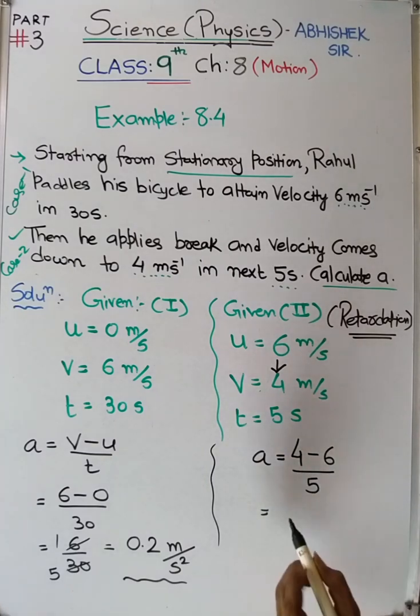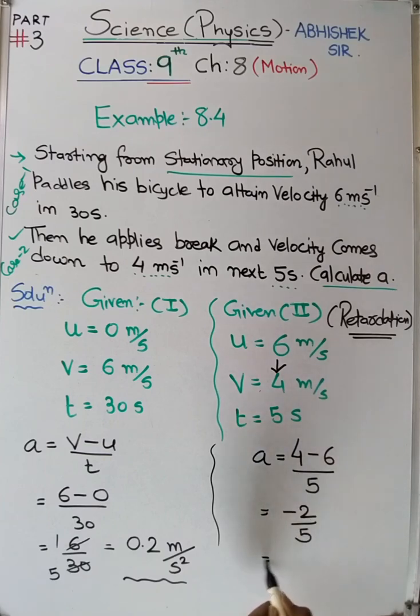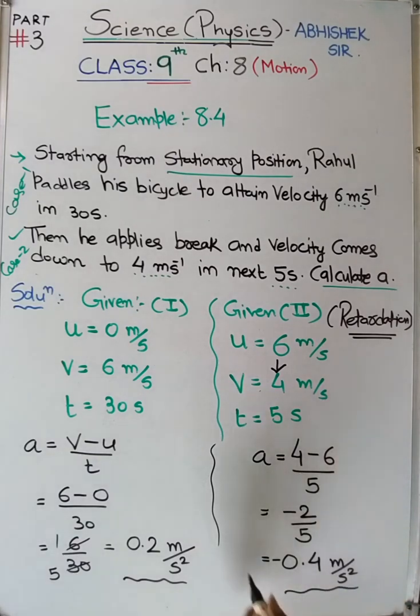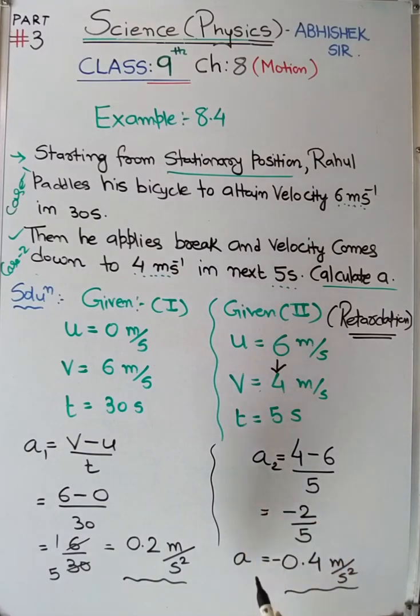So 4 minus 6 is minus 2 upon 5, and you know minus 2 upon 5 is minus 0.4. Don't forget the unit, meter per second square. So here we have our answer. If you write the first as a1, write this as a2. Clear? So that is how you will find the acceleration in both the cases.